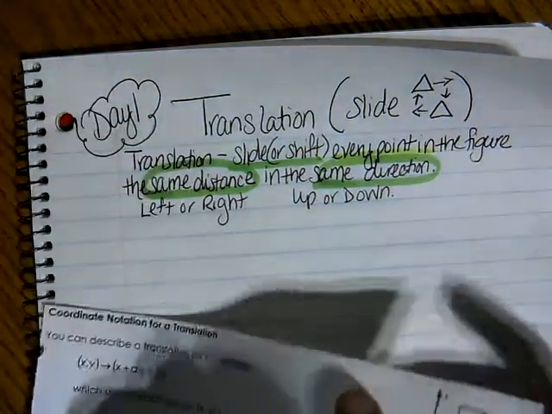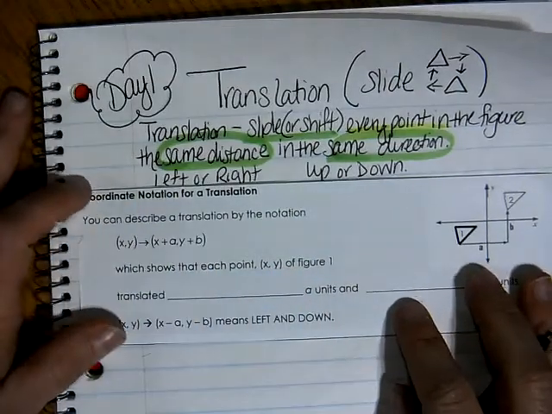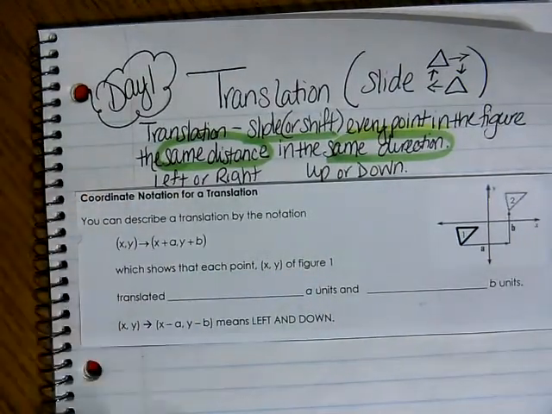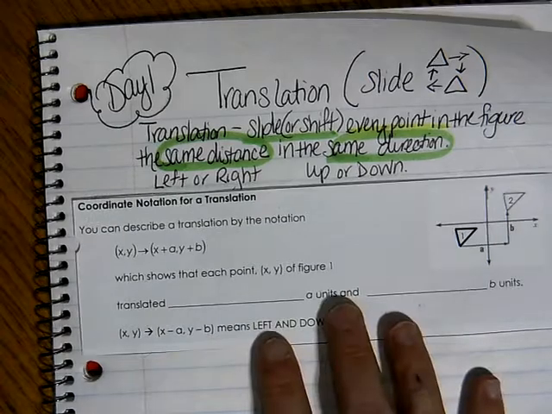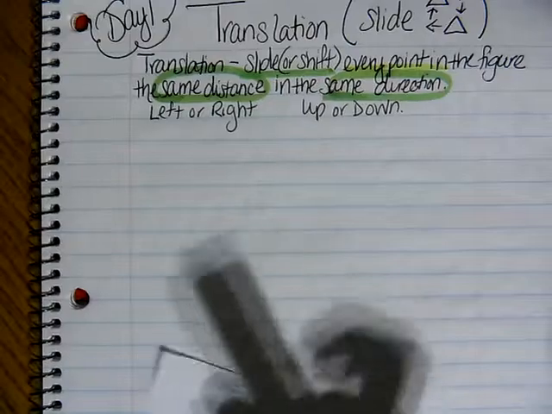So if you wouldn't mind taking out this coordinate notation for a translation, we are going to talk about this. Let's go ahead and paste it directly into our notebook.